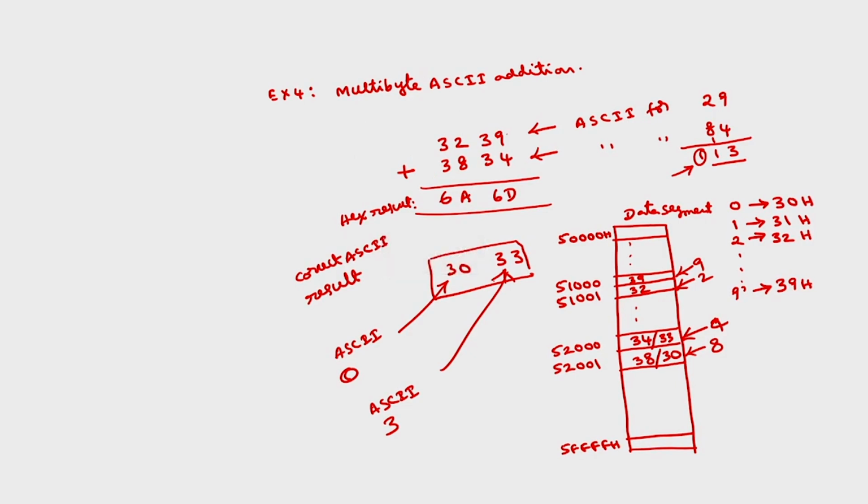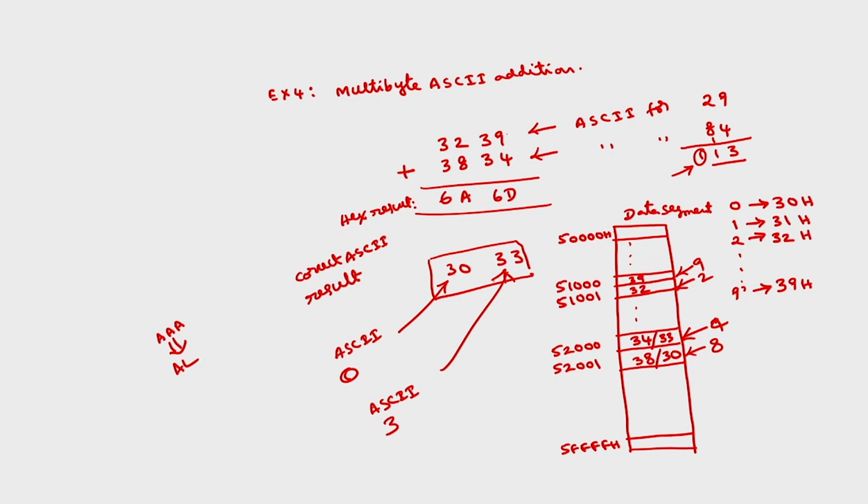You have to perform this addition first, then this addition, because the instruction I am going to use here will be AAA, ASCII adjust after addition. Here also this will operate only on AL, so I have to use 2 byte additions and perform this in 2 iterations.